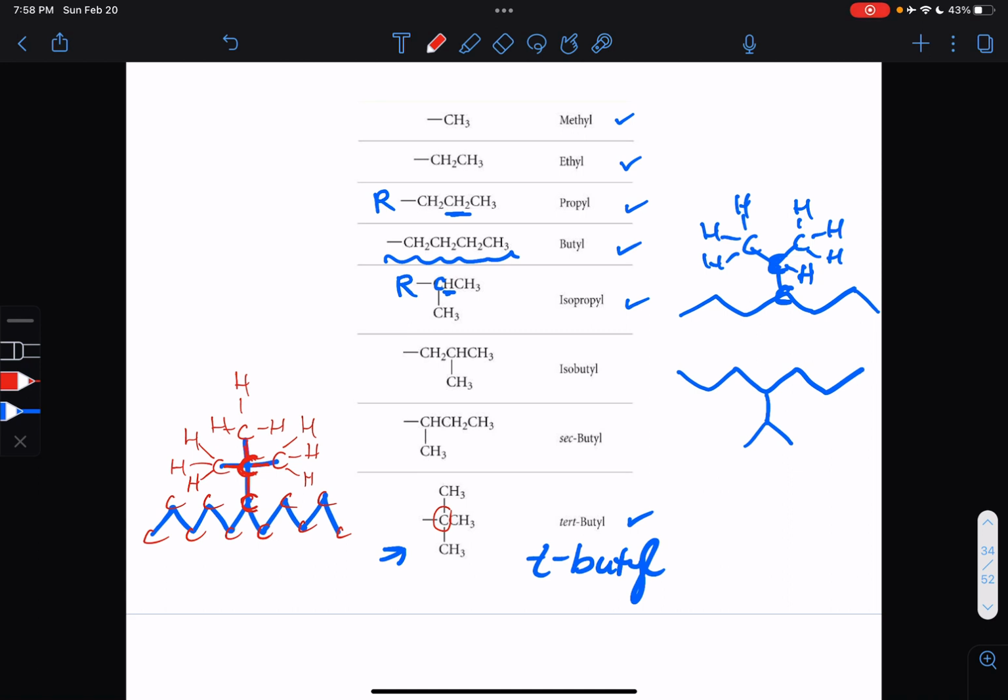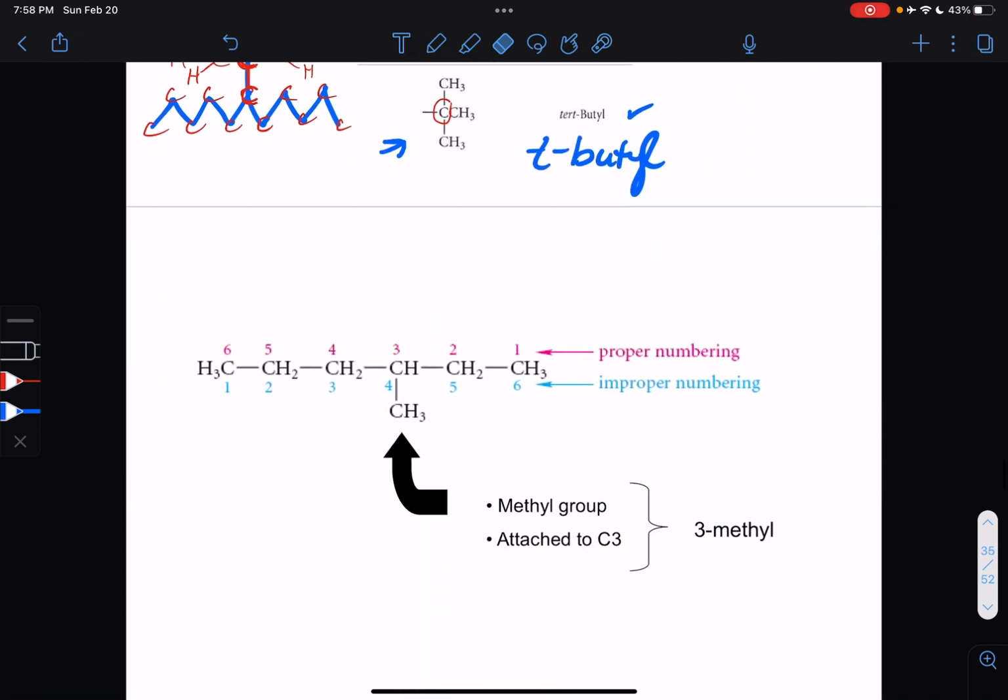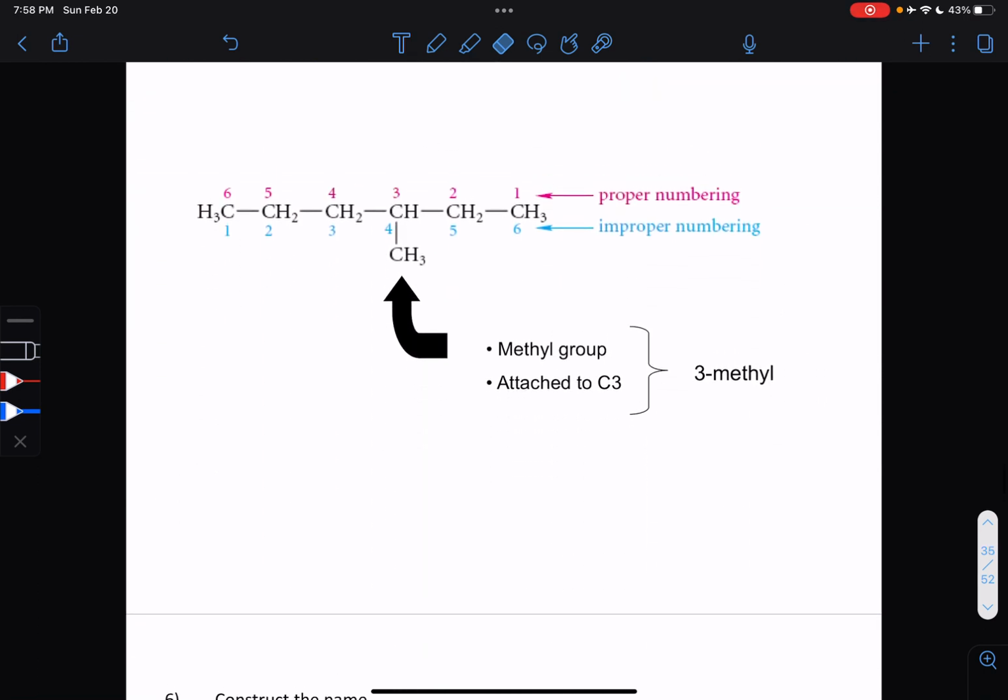Alrighty, folks, moving on. So let's put all this together again. We already did it on another slide, but let's take a look at this molecule right here. So what we did is we decided that we were going to number right to left, so we're going to number backwards.